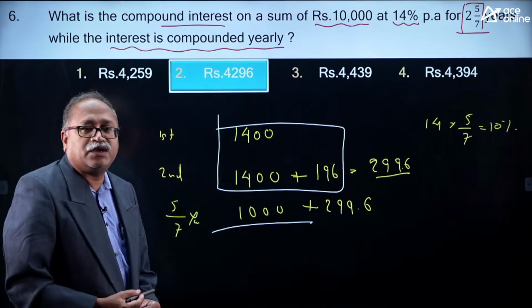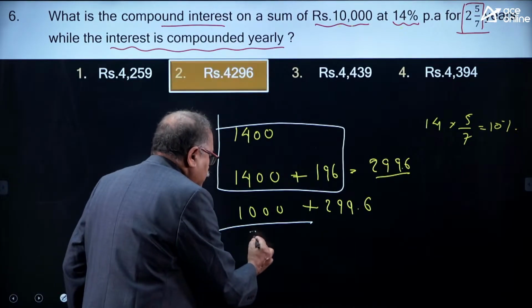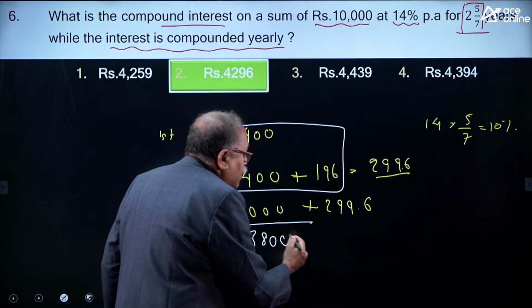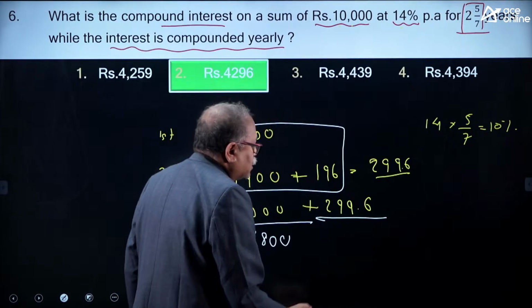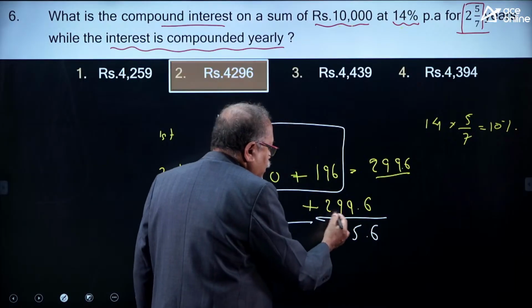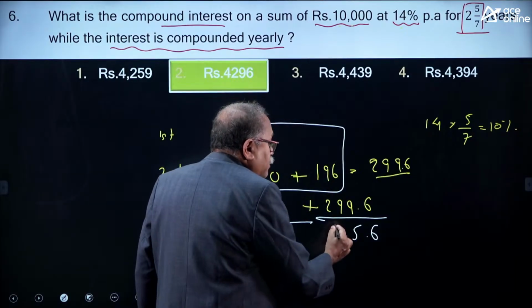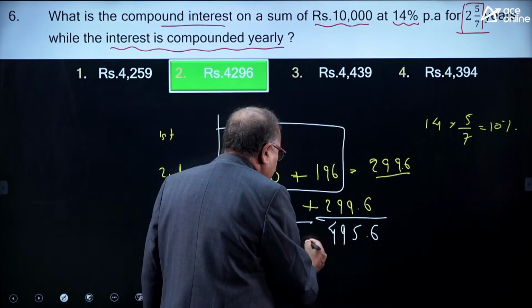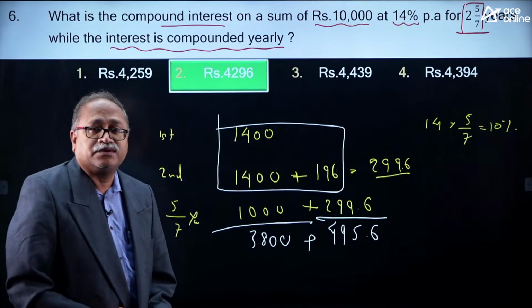Take this one, 2800 and 1296, and this interest comes 299.6. Simply you are adding these two, you are getting the answer.